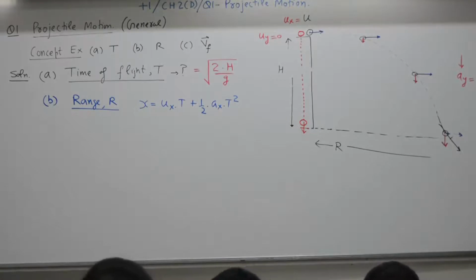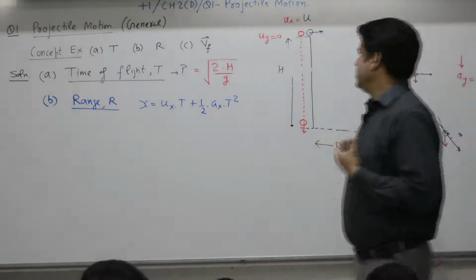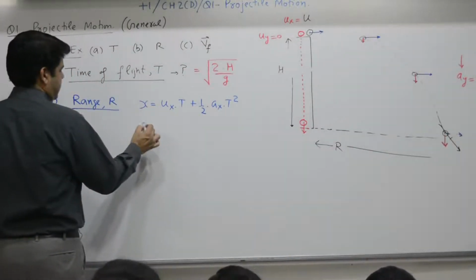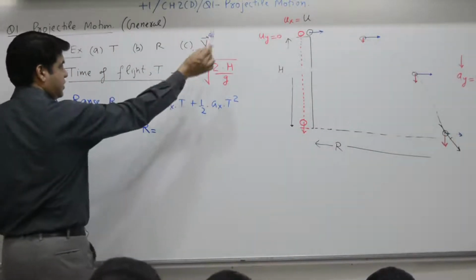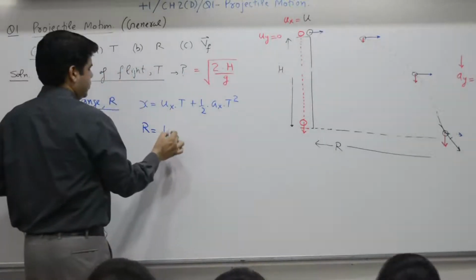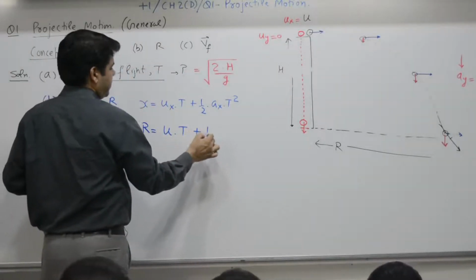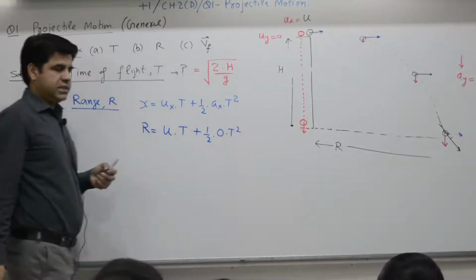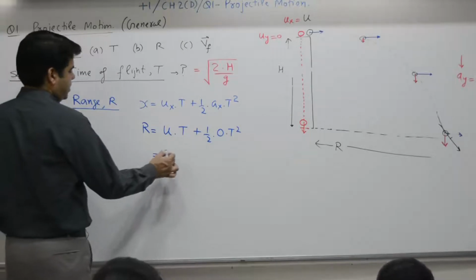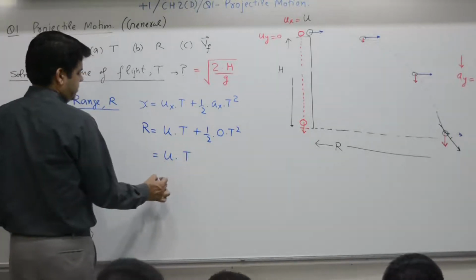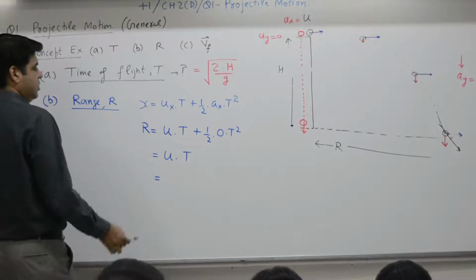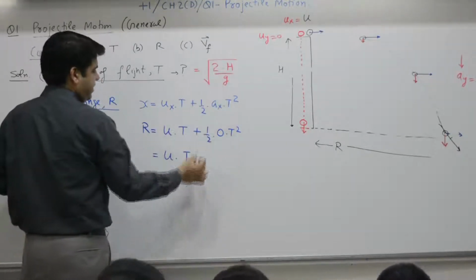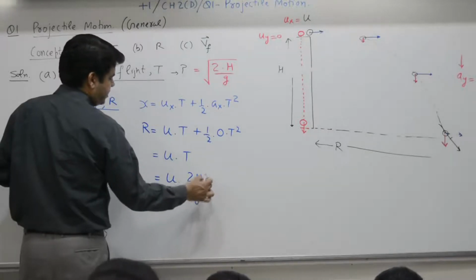What is the total horizontal distance covered? R. Horizontal velocity ux is u, time of flight T. What is the acceleration along the x-axis? 0. There is no acceleration along the x-axis. So it is equal to ut. U is as given. T is, from the previous part, the square root of 2h by g.